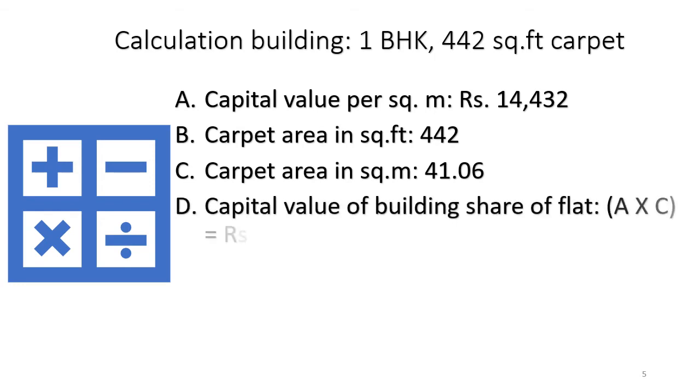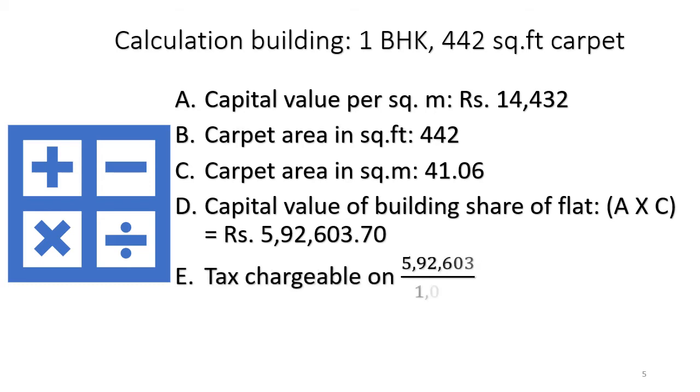So the capital value of the building share of the flat, your share if you are having this flat, will be A multiplied by C, which works out to 5,92,603 rupees and 70 paisa. Now the tax is chargeable on a number which is the capital value divided by 1000, and that comes to 592 rupees at 60 paisa.